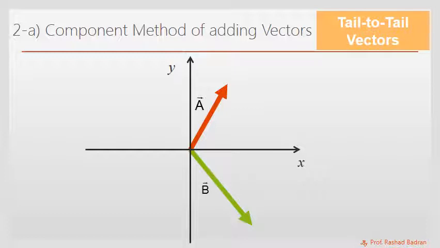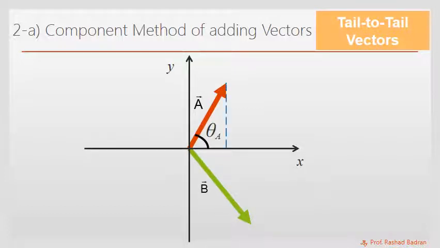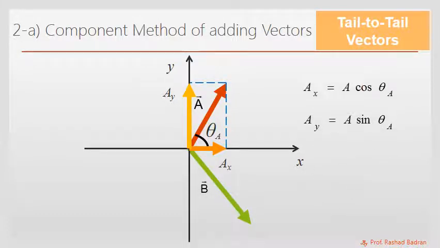And now break up the vector A by projecting a line along the x-axis and obtaining the x component of the vector A, and similarly finding the component Ay, and then also applying the trigonometric relation to get the x component and the y component.